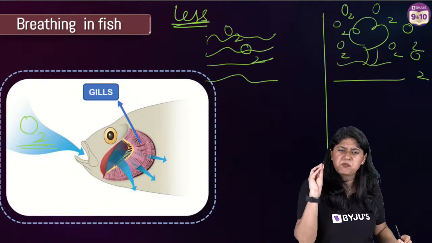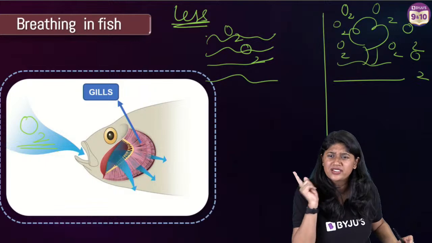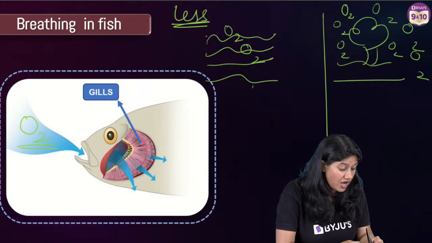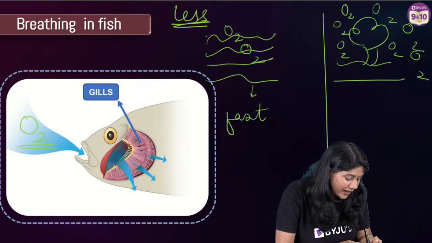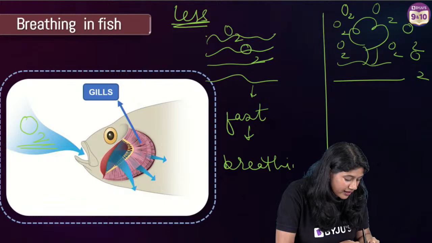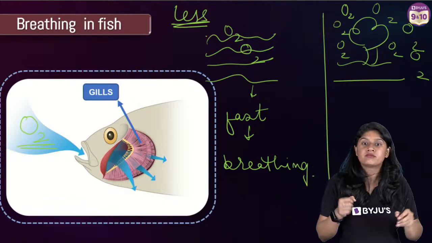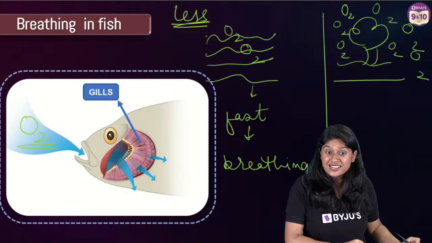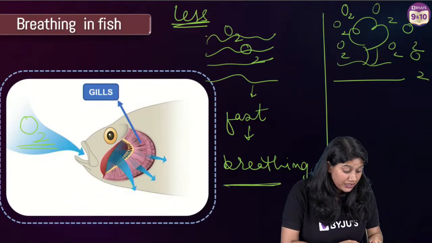So poor fishes, everyone, you know what they have to do? Because they have less oxygen, they have to breathe faster. Their breathing rate is really very fast. Just imagine, they keep on breathing. That is the reason they have to breathe fast.